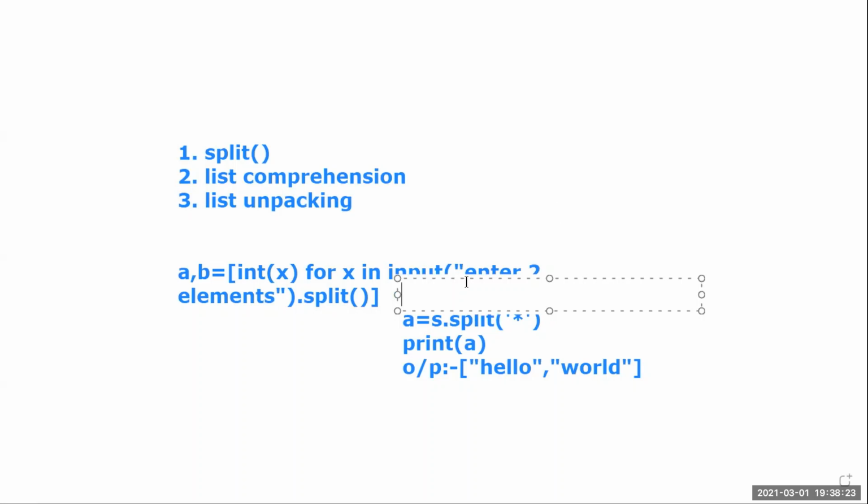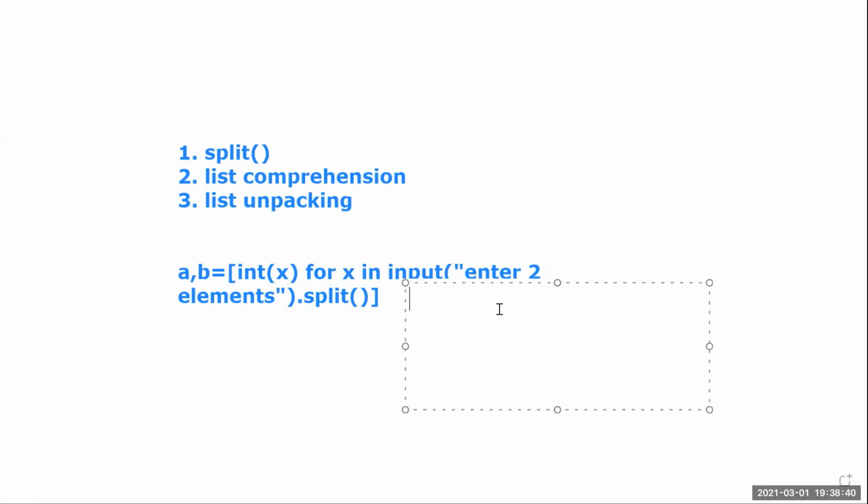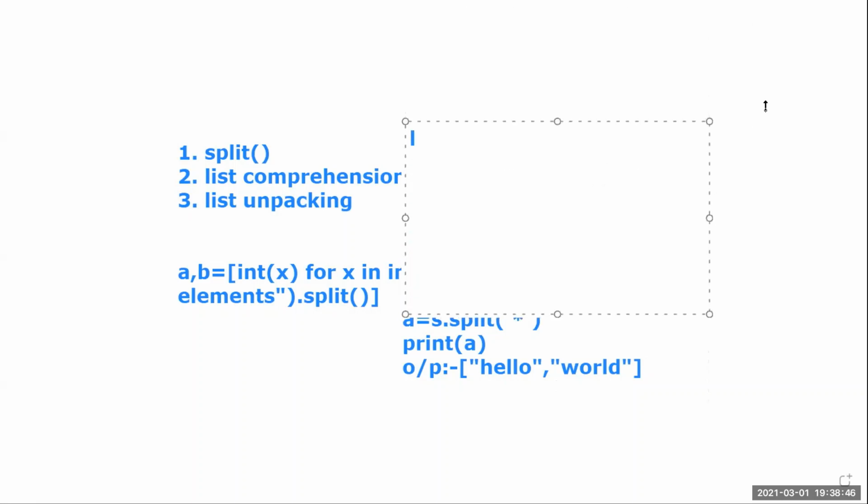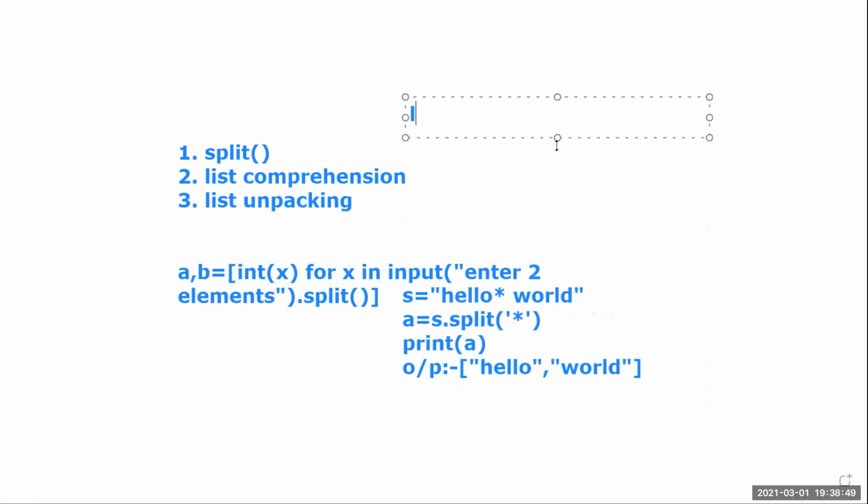So next, let's proceed with list comprehension. What is meant by list comprehension? Generally I have a list. Suppose, for example, my list name is fruits.